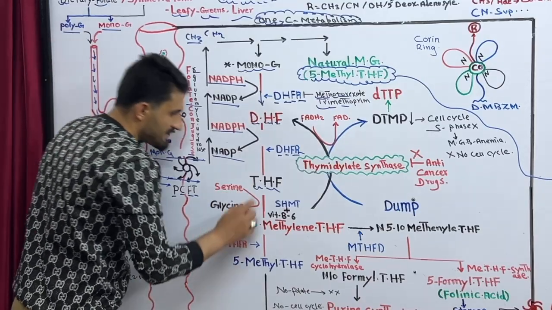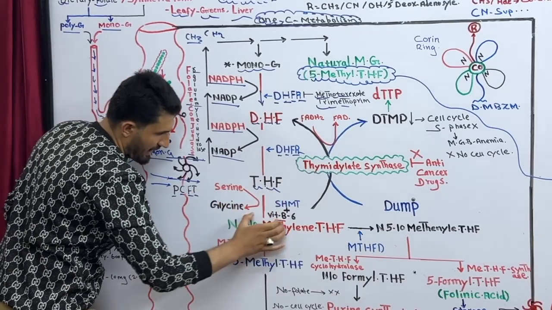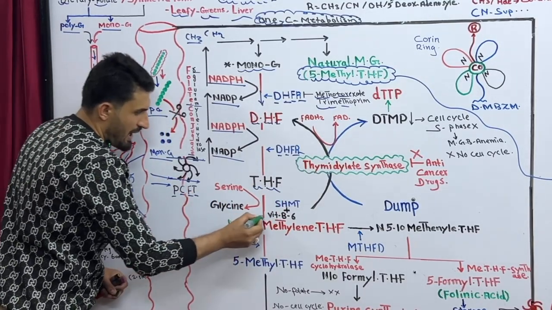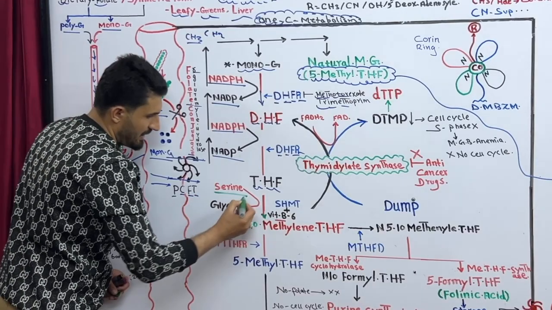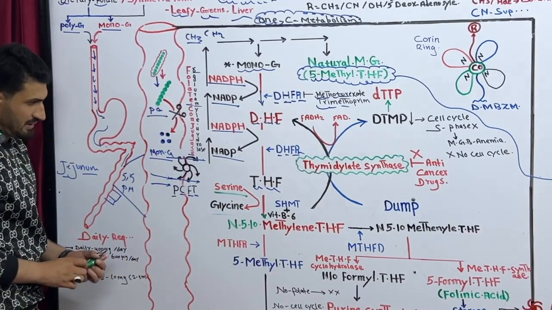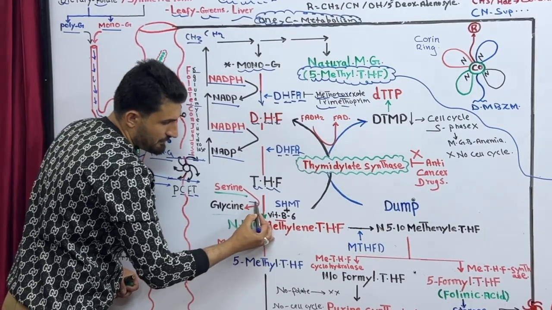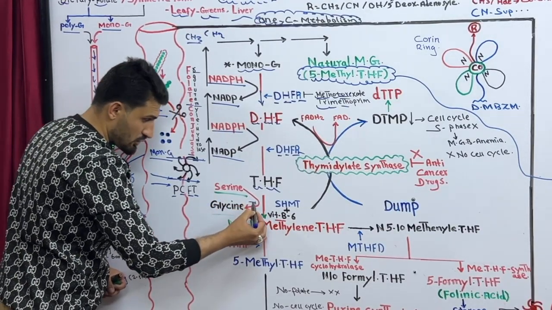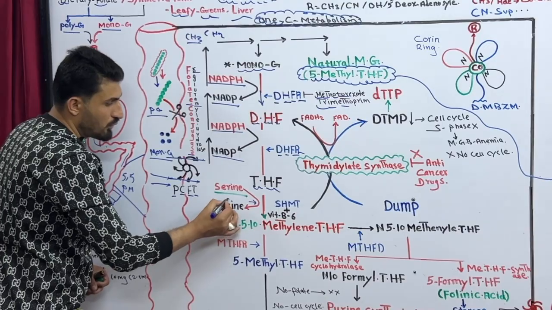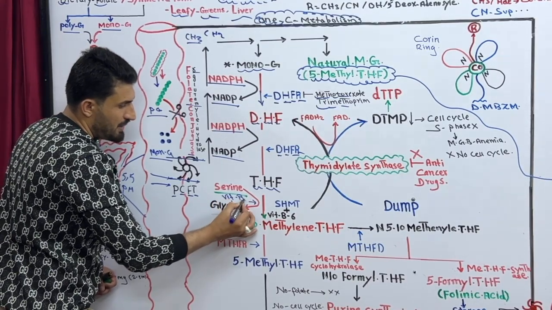So here, in this reaction, we have to change an amino acid which is called serine to glycine. Next, to pass this step, we need a cofactor which is vitamin B6.